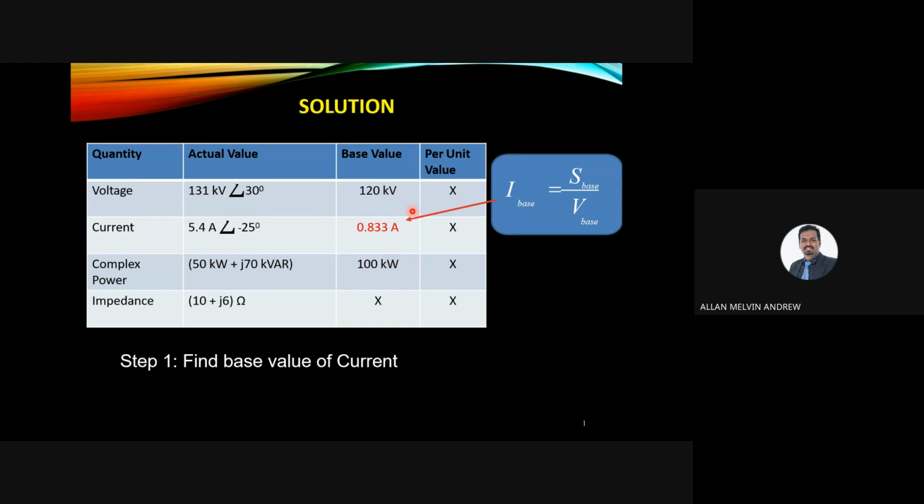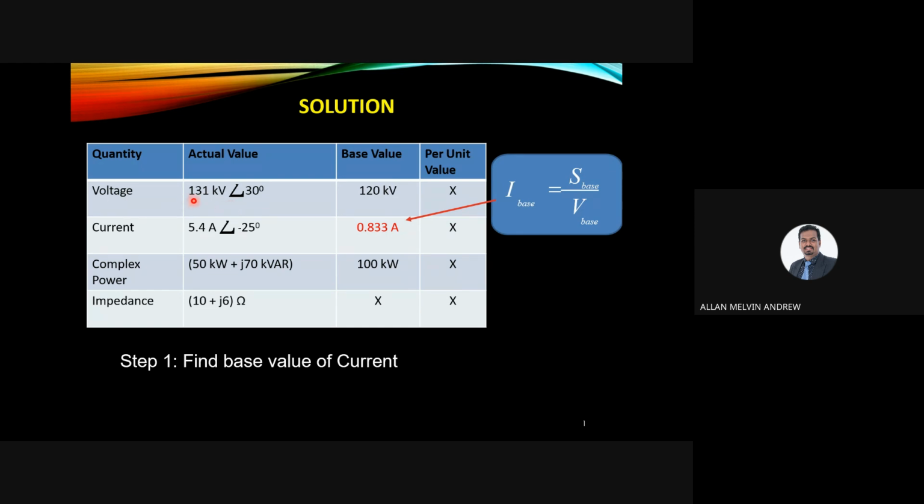Okay, so we can see two base values are given. Complex power S base is given as 100 kilowatt and voltage is 120 kilowatt. One thing you need to understand: when it is given in kilowatt, make sure you expand it.